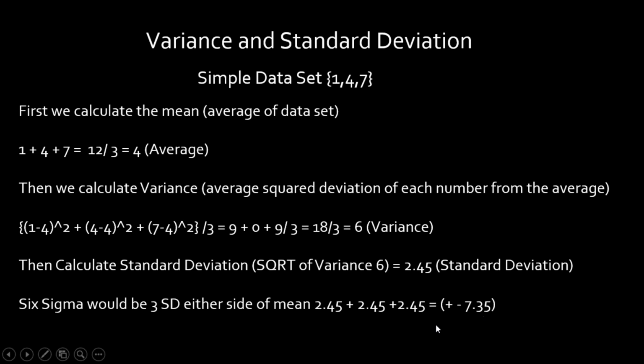So plus or minus out to 7.35 either side. That's 3 standard deviations to either side, both sides of the mean. So if the process runs between plus or minus 7.35, it's in control, and I'll show you what that means.